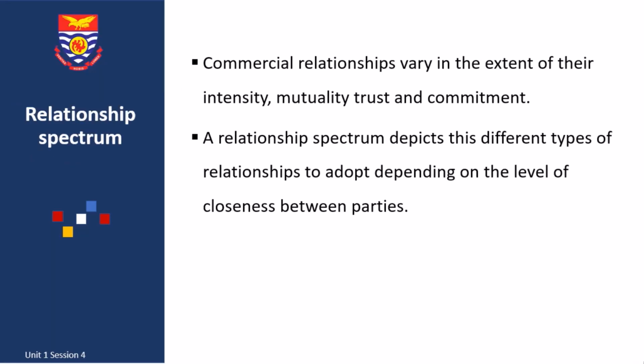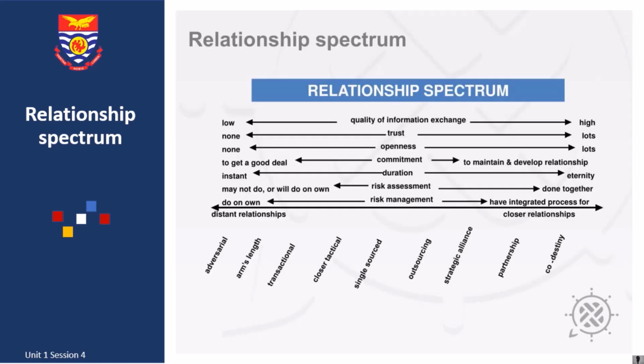The relationship spectrum basically depicts the various types of relationships that a business can adopt depending on the level of closeness between parties. This is a typical relationship spectrum which spans from adversarial to co-destiny.